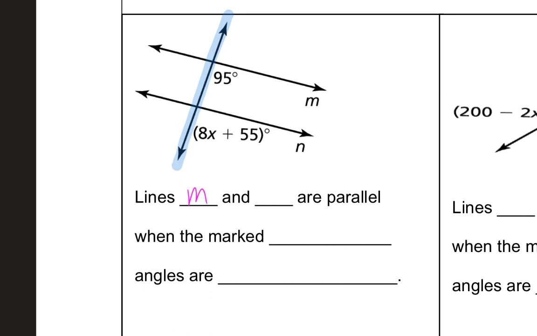So we could say line M and line N are parallel only when the marked corresponding angles are congruent, right? We talked about last time, if these are parallel, then these are congruent. Now we're working backwards. If these are congruent, then these have to be parallel.